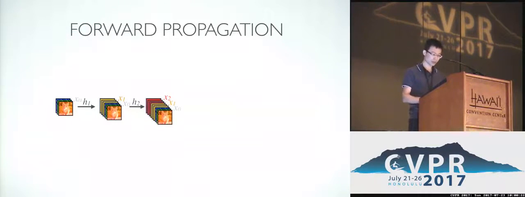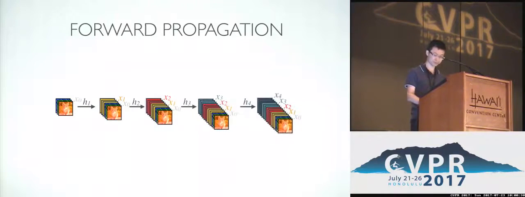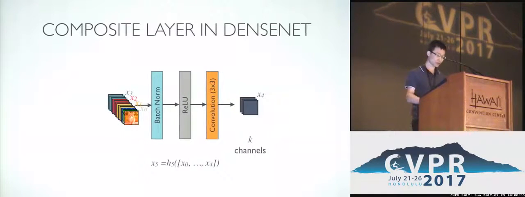We concatenate the features obtained so far and use the third layer to obtain new features. We keep doing this until the end of the network. Each nonlinear transformation corresponds to a batch normalization layer followed by a rectified linear units layer and a convolution layer with filter size 3 by 3.